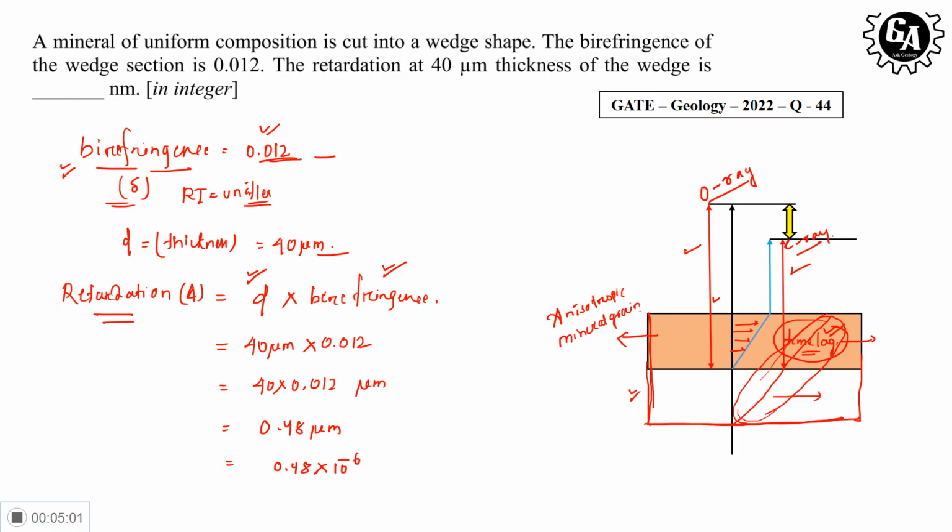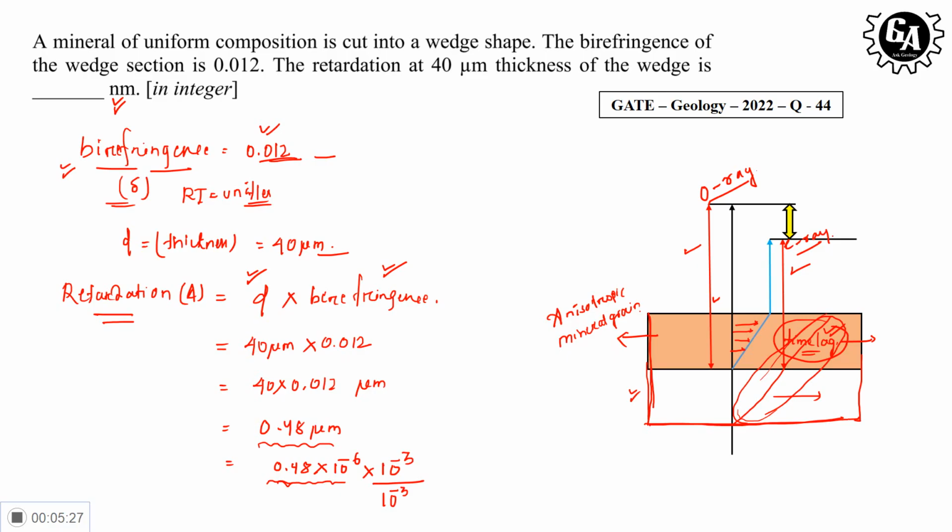Now it is asking in nanometer, so what extra do we have to multiply to make it nanometer? 10 to the power minus 3. If we multiply by 10 to the power minus 3, then we also divide by 10 to the power minus 3. That's why the value 0.48 micrometer will not change; we multiply and divide by the same amount.